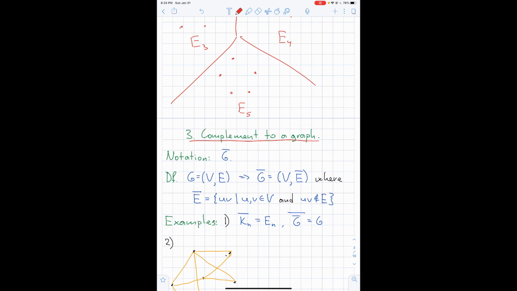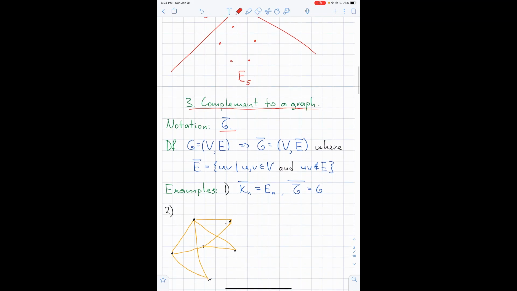So this is the notation, we put a bar for the complement, and the definition is as follows. The complement has the same vertex set V, but the edge set is kind of the opposite. We have an edge UV if and only if UV is not an edge in the original graph.